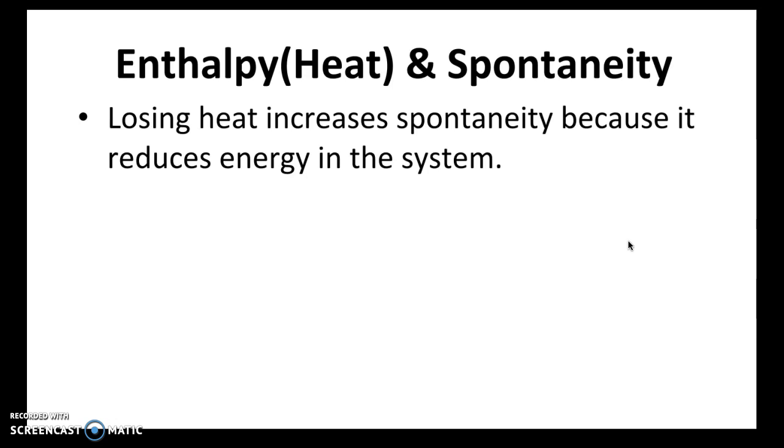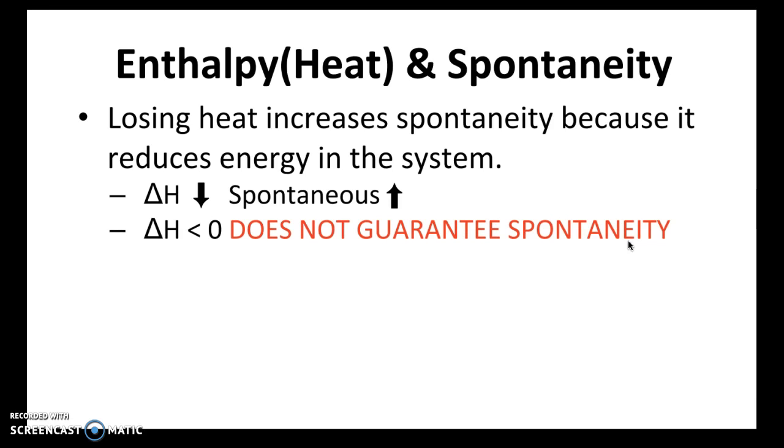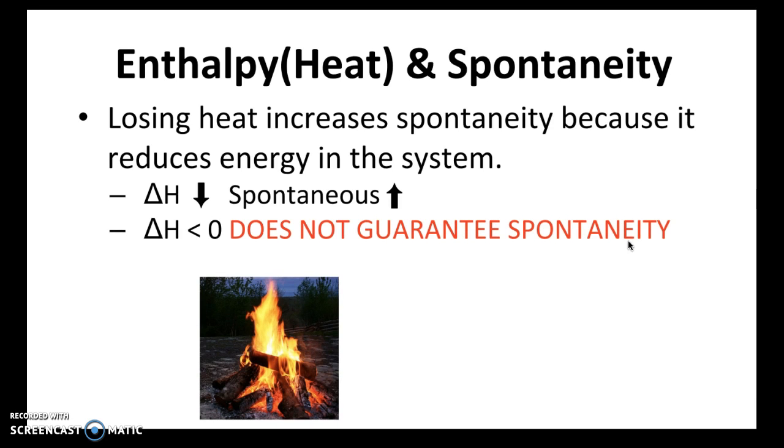So that should sort of make sense to us. Lowering the delta H will lower the heat, and that means that the energy of the system will be lower, so it means it becomes more spontaneous. But that does not guarantee spontaneity.